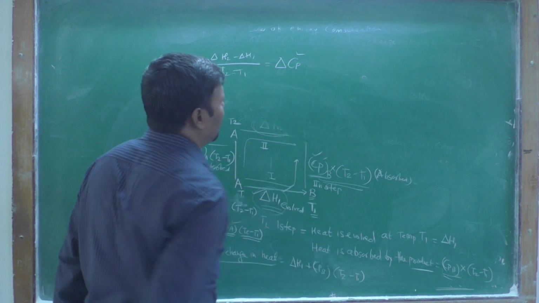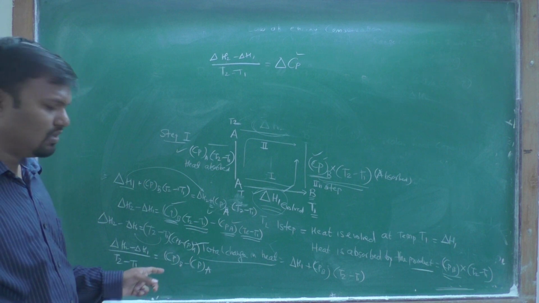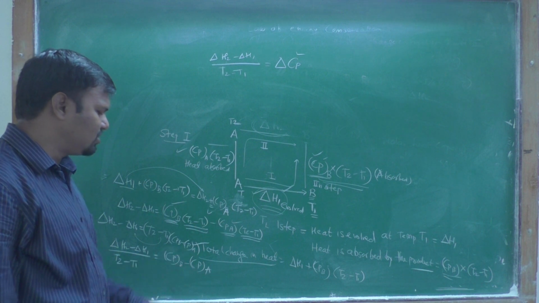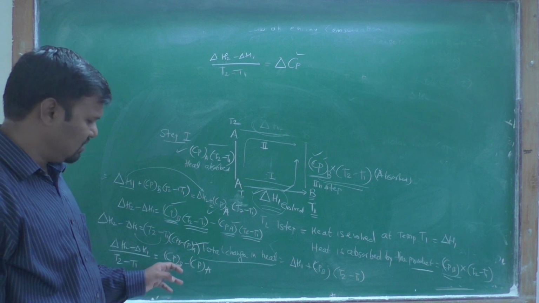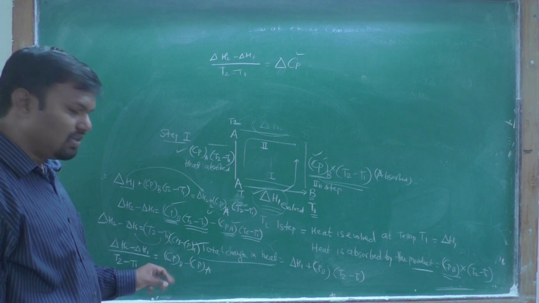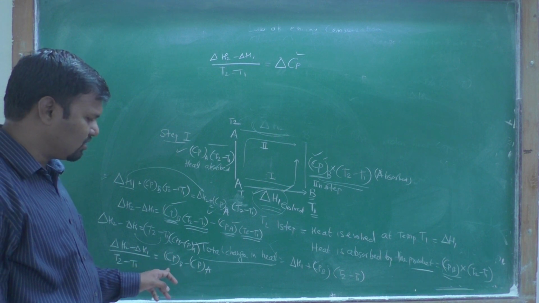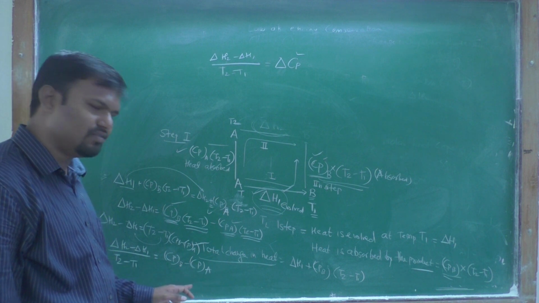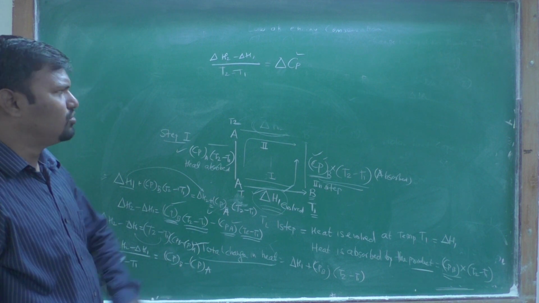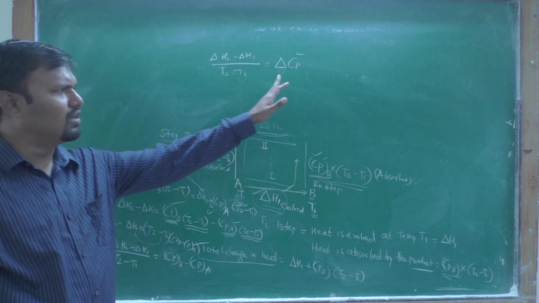This is the total change in molar heat capacity at constant pressure of a reaction. CPB, the average molar heat capacity of the product, minus CPA, the average molar heat capacity of the reactant, is nothing but the change in molar heat capacity of a particular reaction.